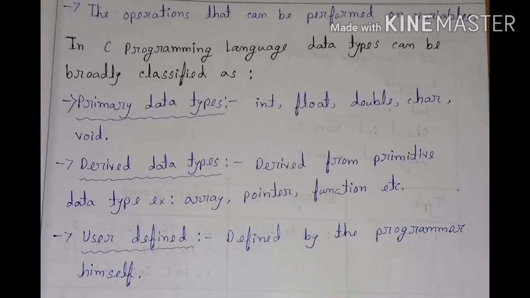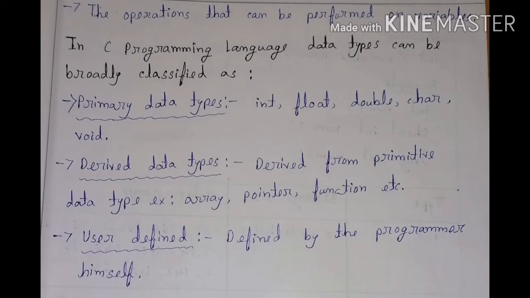In C programming language, data types can be broadly classified as primary data types, derived data types, and user defined data types. Primary data types are int, float, double, char, and void.